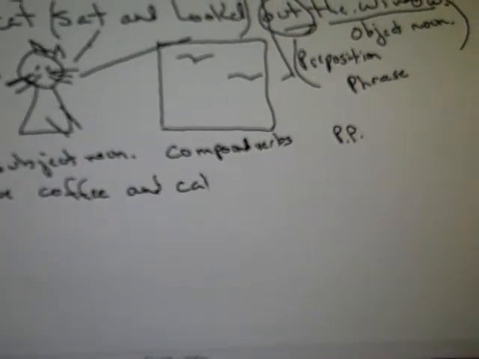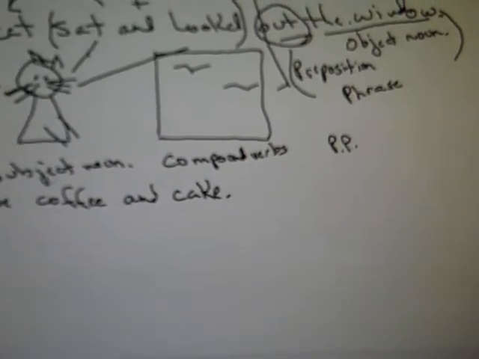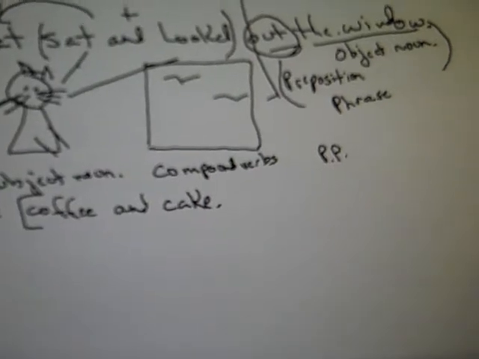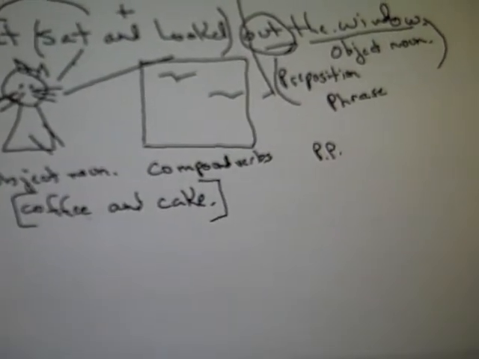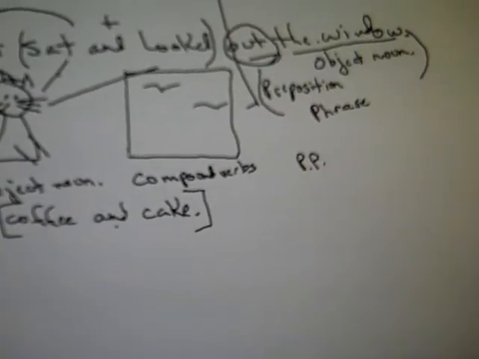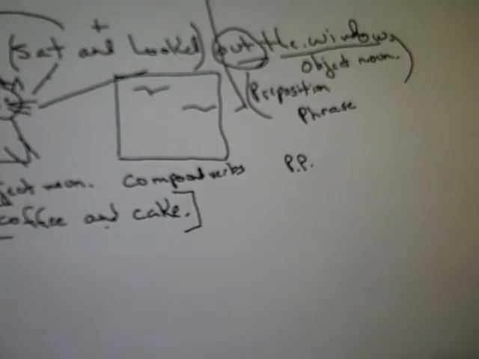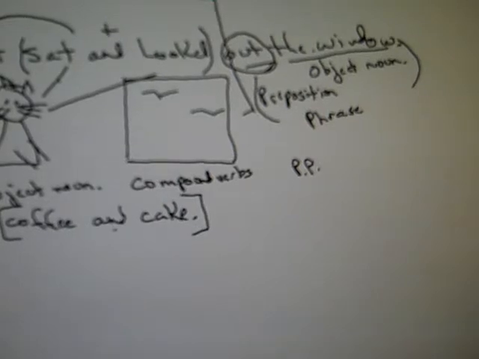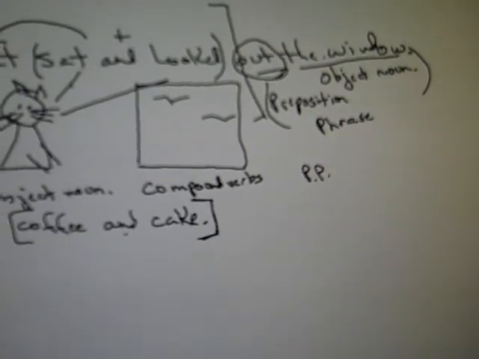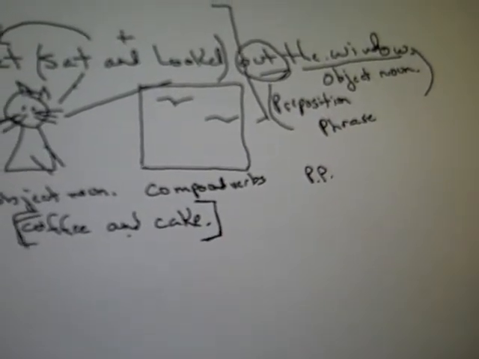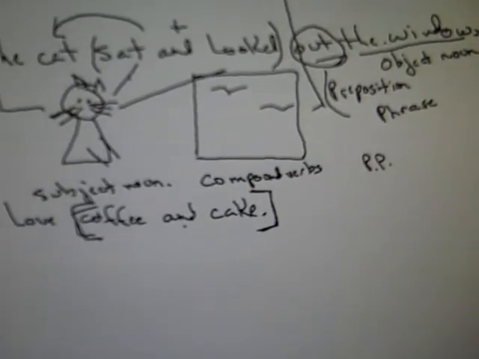I love coffee and cake. Coffee and cake. I love coffee plus cake. And this and is doing that. I love coffee and I love cake, but we're merging it into one unit for the sake of brevity and clarity, because who wants to read, I love coffee, I love cake?